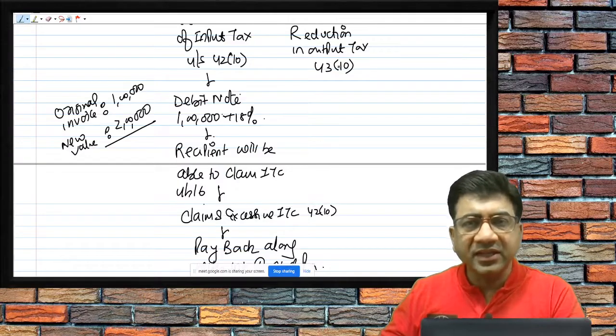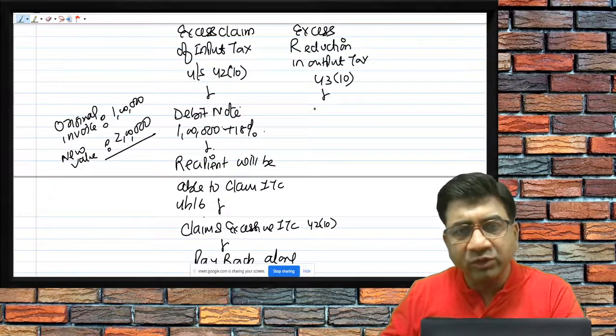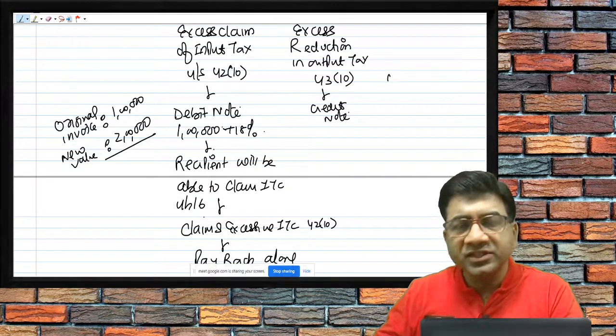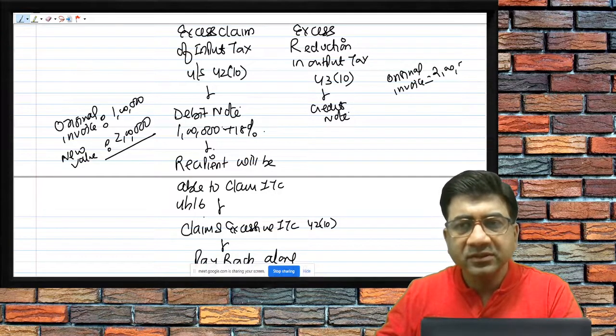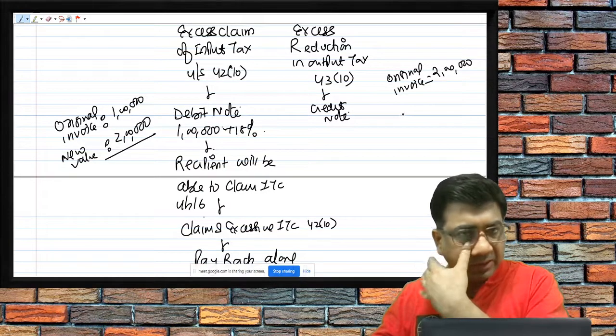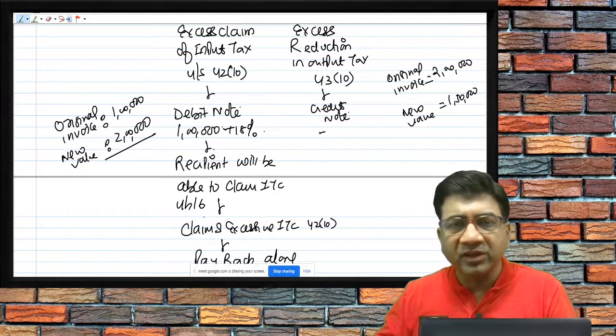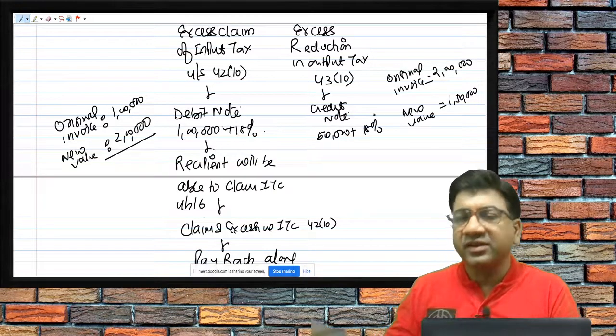And here the deduction in output tax is, I have issued a credit note. My original invoice, my dear friends, was 2 lakhs. And the new value came out to be only 1.5. So I'll issue a credit note of 50,000 plus 18% GST. Now I'll refund 50,000.